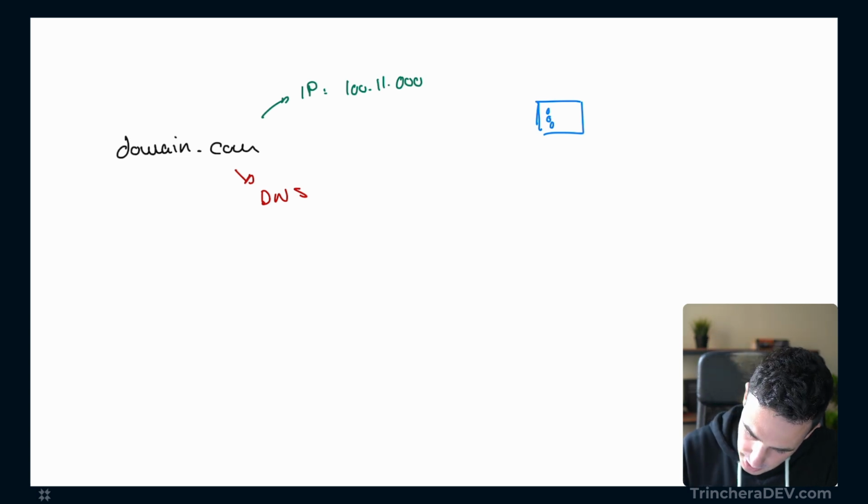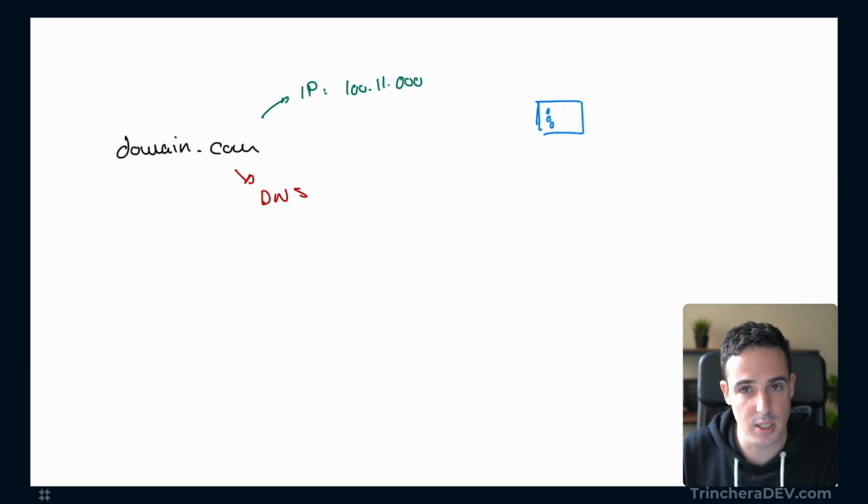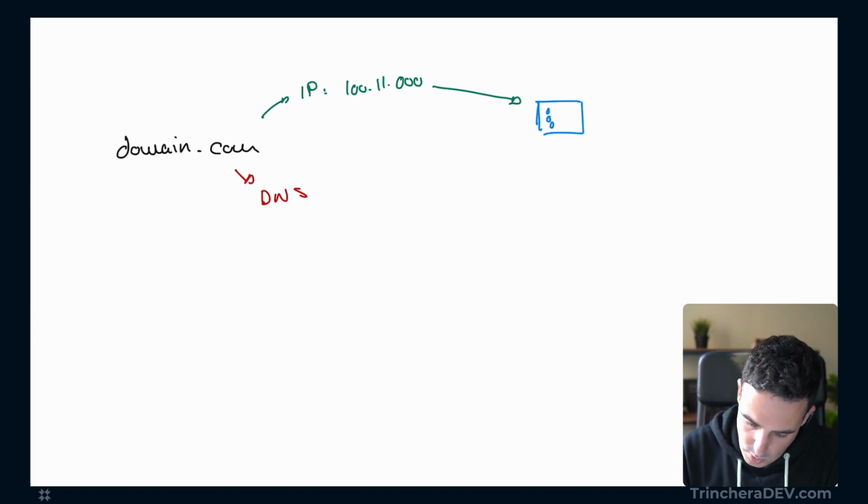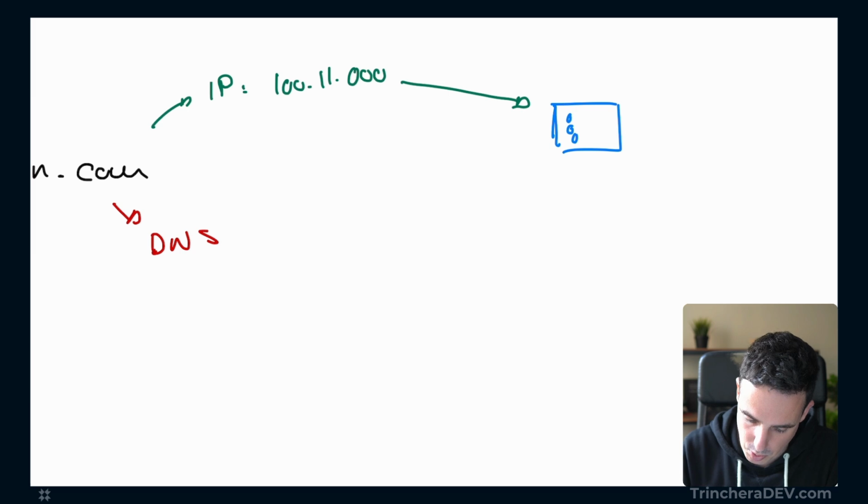So this box is going to say, hello, my IP address, my phone number, my direction is this number here. So when someone is asking for the domain, it's going to be directed to this server. If you are in a server that is shared with other people, it's probable that it's going to be partitioned into different sections.